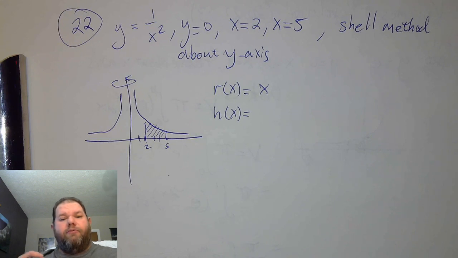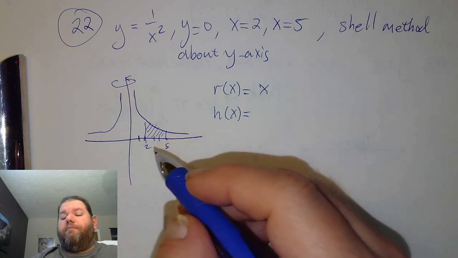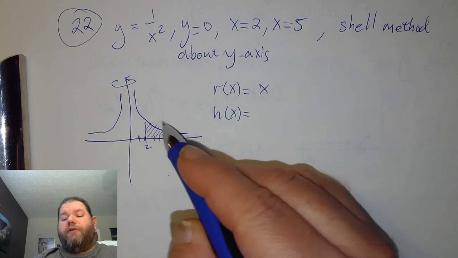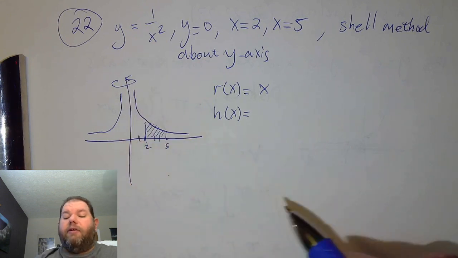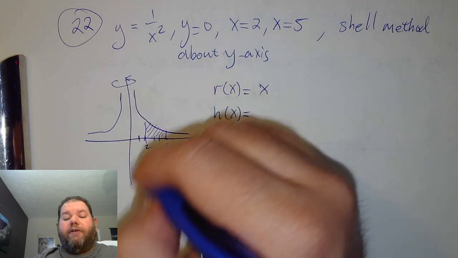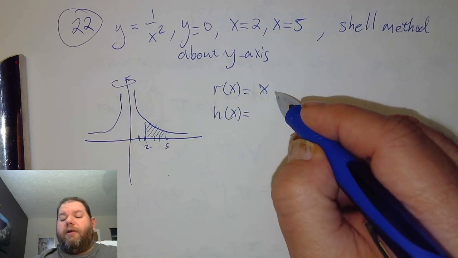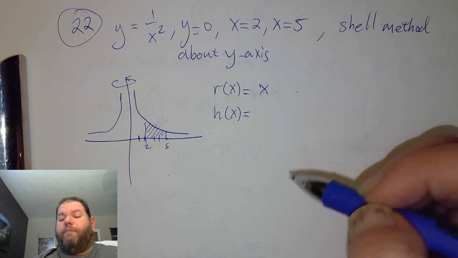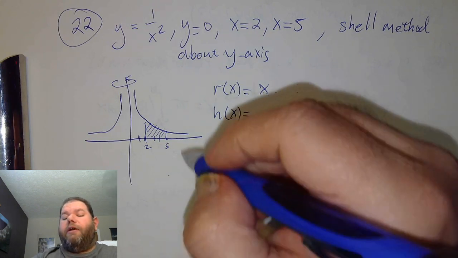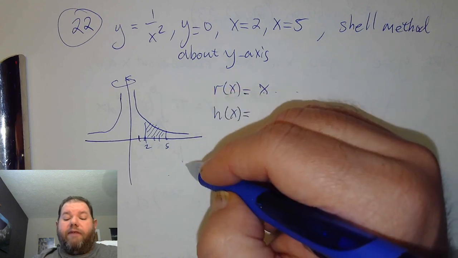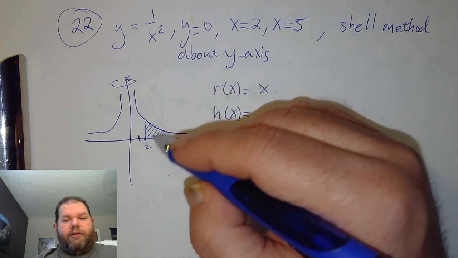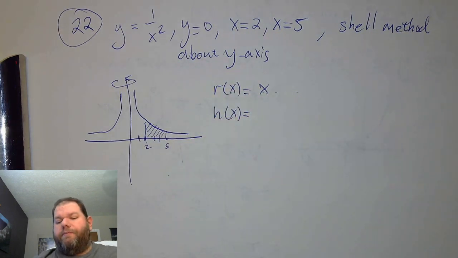It really depends on whether the shaded region is on the right or the left of the axis of revolution. Because our shaded region is on the right of the axis, we take x minus the axis. Our axis, the y-axis, is just x equals 0, so x minus 0 is just x. If our axis of revolution had been over here at 7, we would take 7 minus x to represent the shaded region.